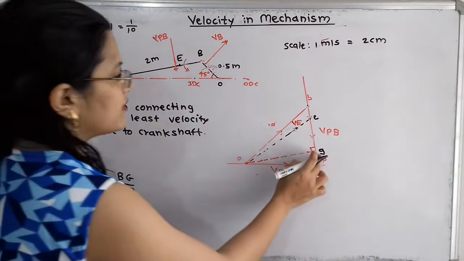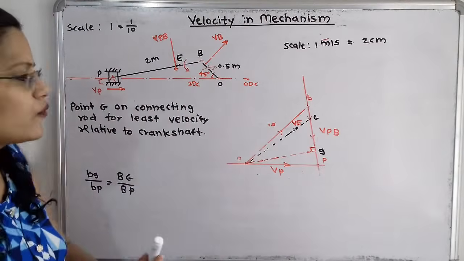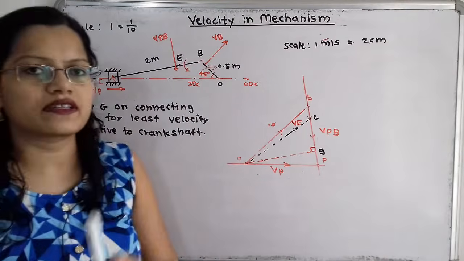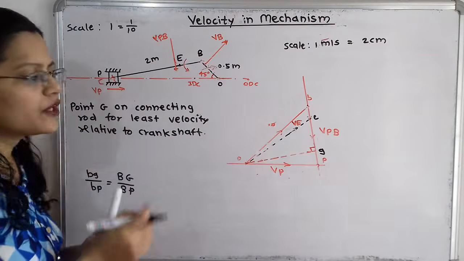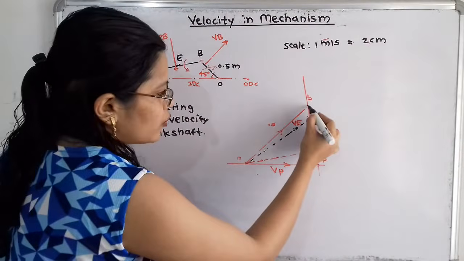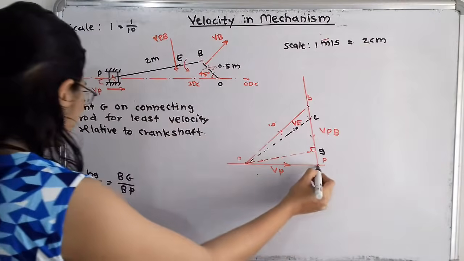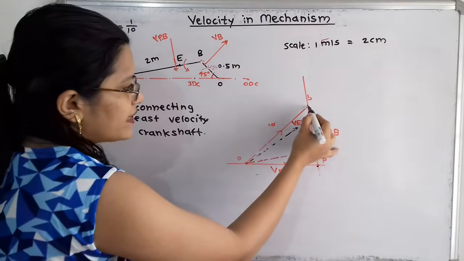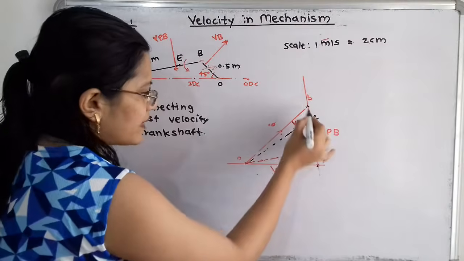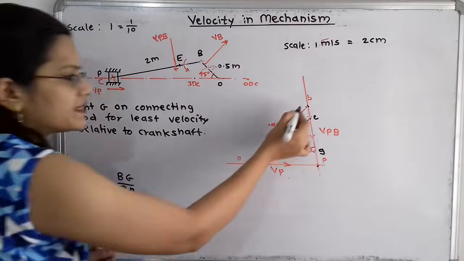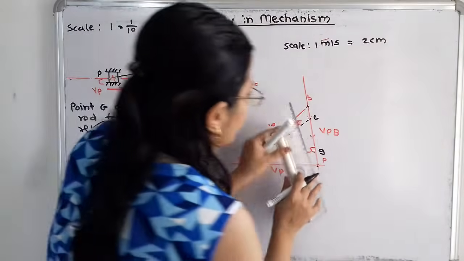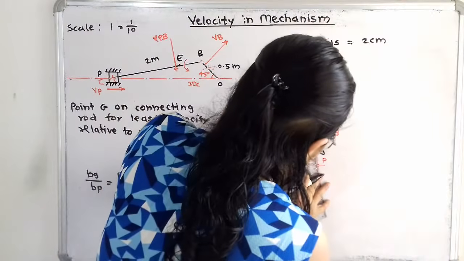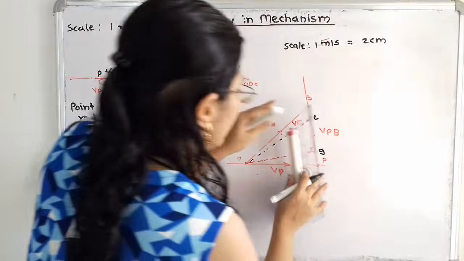How do we plot this point G on the connecting rod? We have to take the ratio, because both are in some proportional scale. If I take the ratio BP divided by BG, or the scale BG divided by BP: the distance BG on the drawing is known, so we measure it, and it is 10 centimeters.